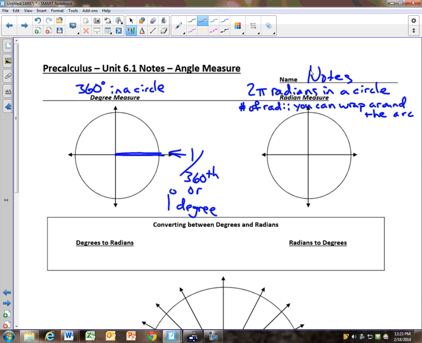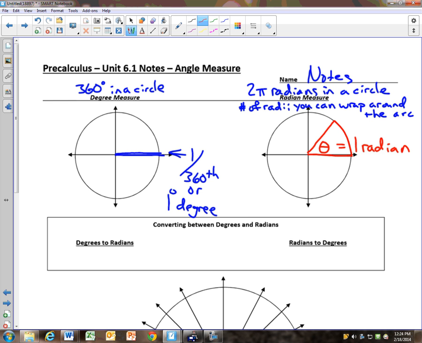I'll show you again. This red line is a radius. When I've wrapped one of them on the arc, around the circumference, when I wrap one of them, that might be about 1 radius. That gives me a measure of 1 radian.